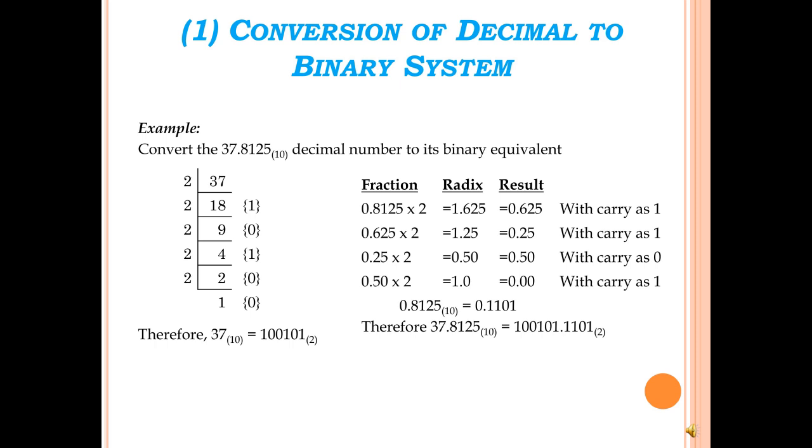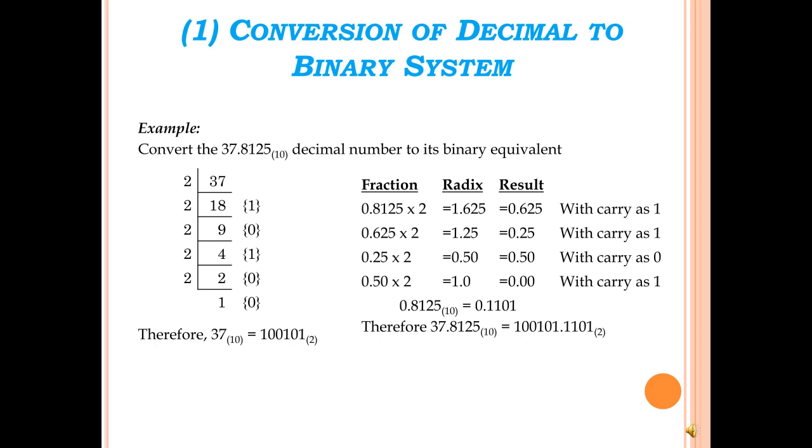Now to convert it, we use the valuation in a multiplication format. Now you can see the fraction value 0.8125 multiplied by 2 gives the valuation as 1.625, and the specified result is 0.625, and the number 1 which we see before the dot, we make it a carry.